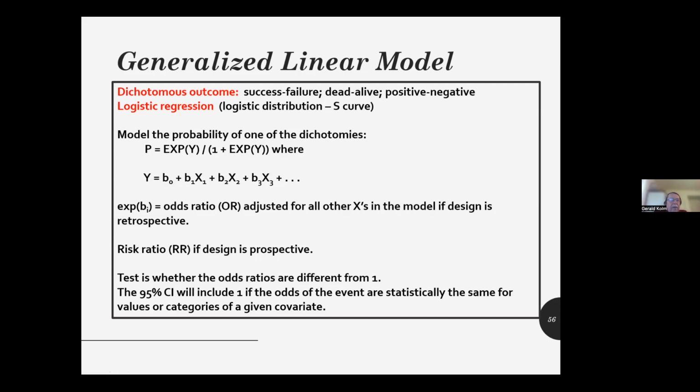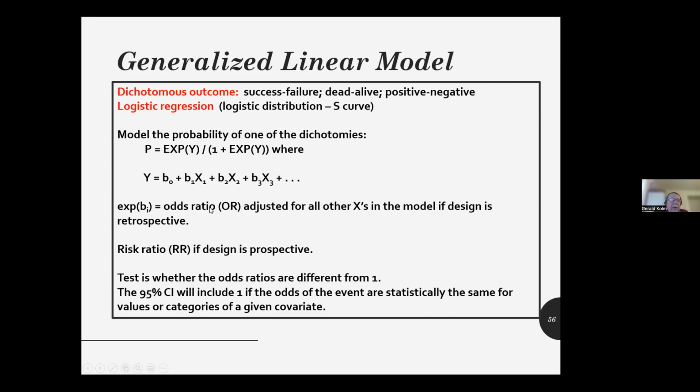So again, the difference here is that we're predicting a probability, not a continuous outcome. We're predicting the probability of being in one category or the other. Our statistical test here is whether our regression coefficients are different from 1.